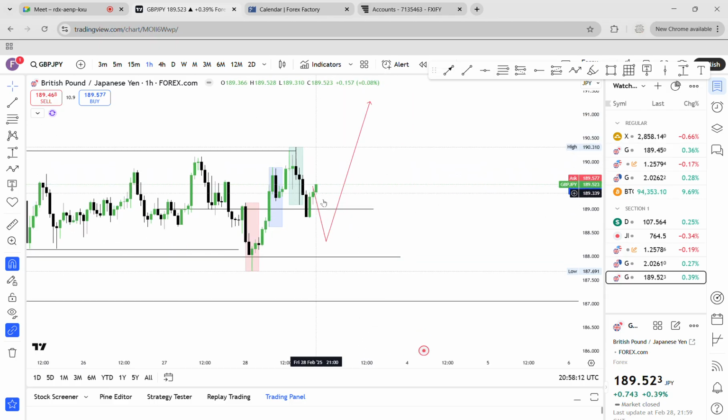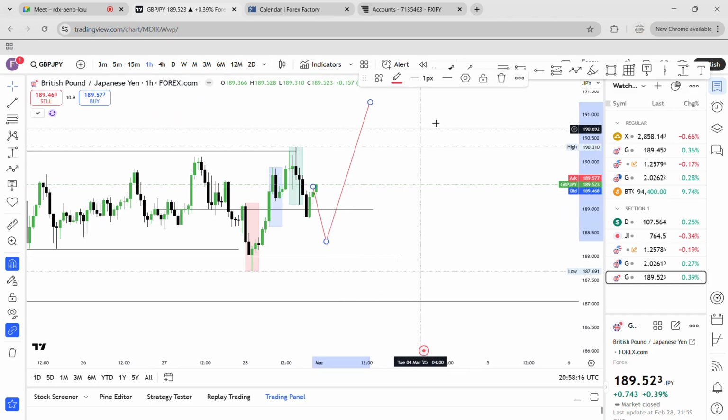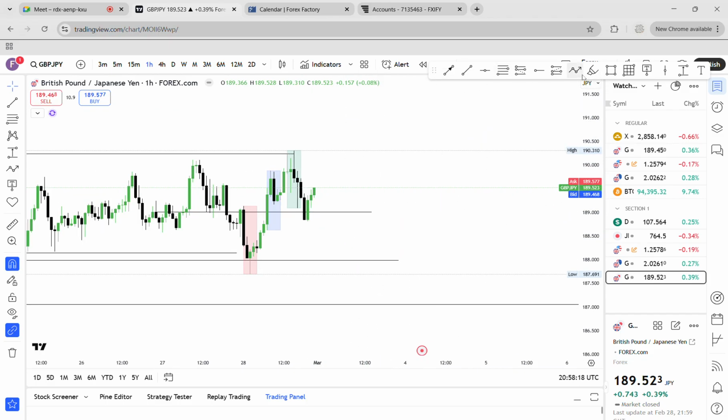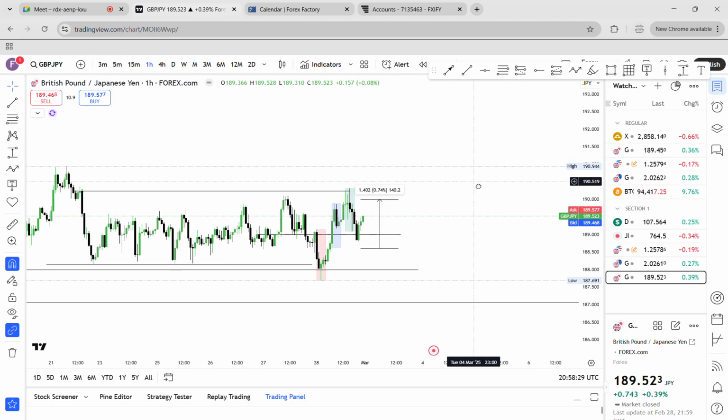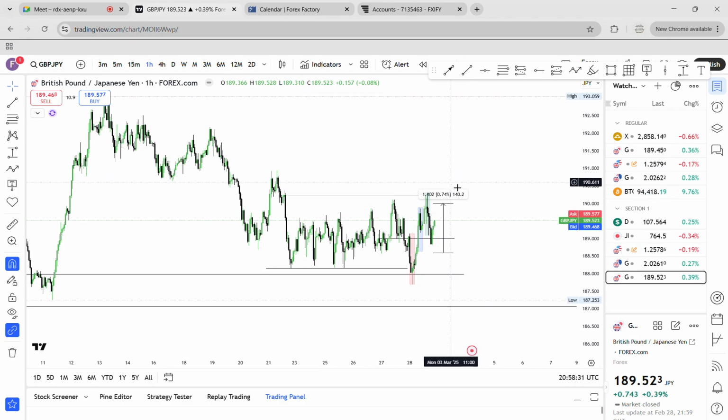So we need to see movement down before that buy will start to happen. I just pray if price opens, price should gap down, just jump down, gap down, then you can jump in the buy. That is going to be the buy probably throughout the week on GJ.